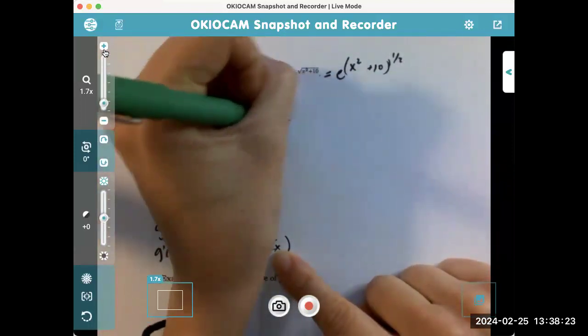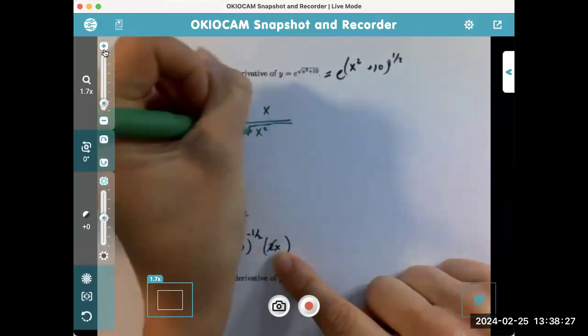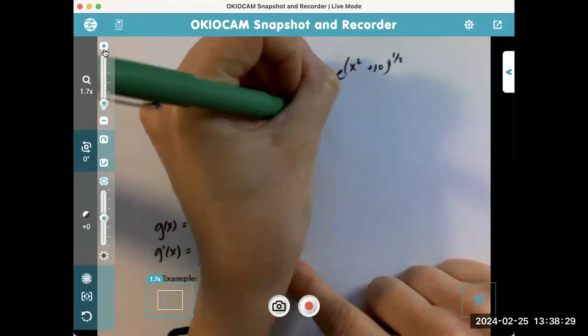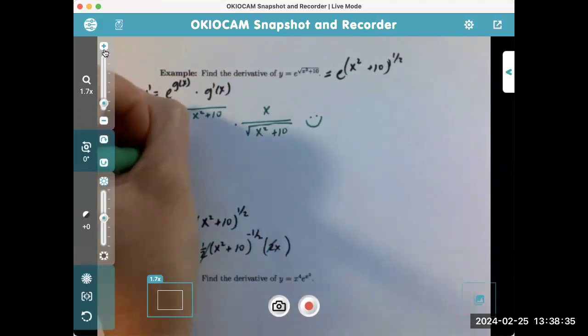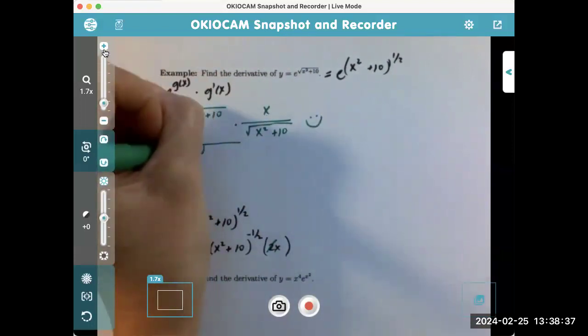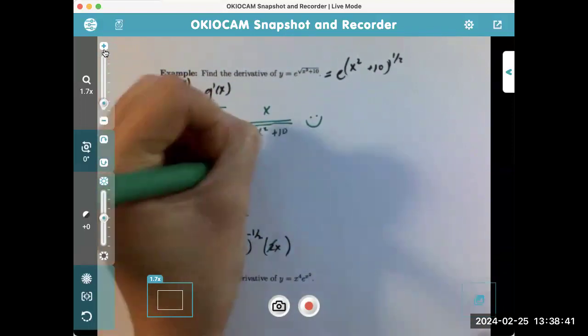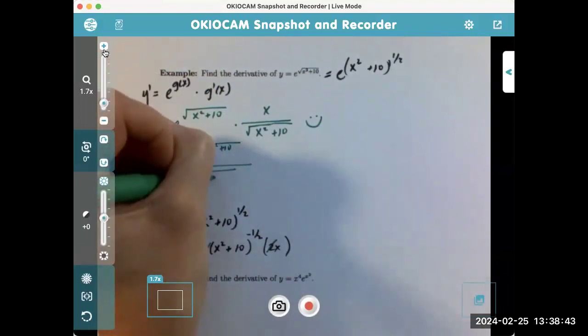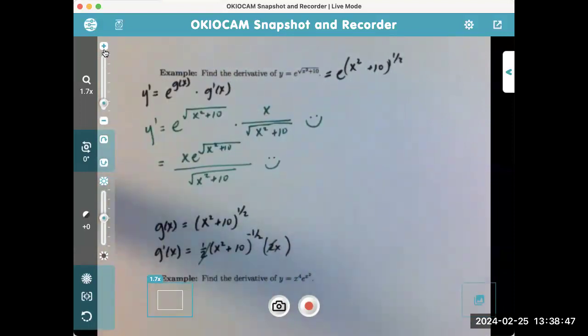So it is x over the square root of x squared plus 10. Of course, we can rewrite it over the same thing, but we don't have to. x e raised to the square root of x squared plus 10 all over the square root of x squared plus 10. Ooh, that's beautiful. You don't have to do that though, but ooh, is it pretty?